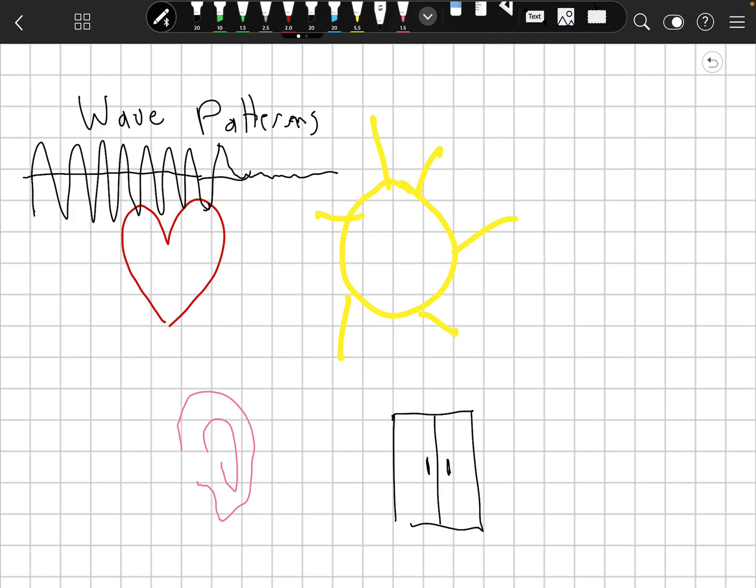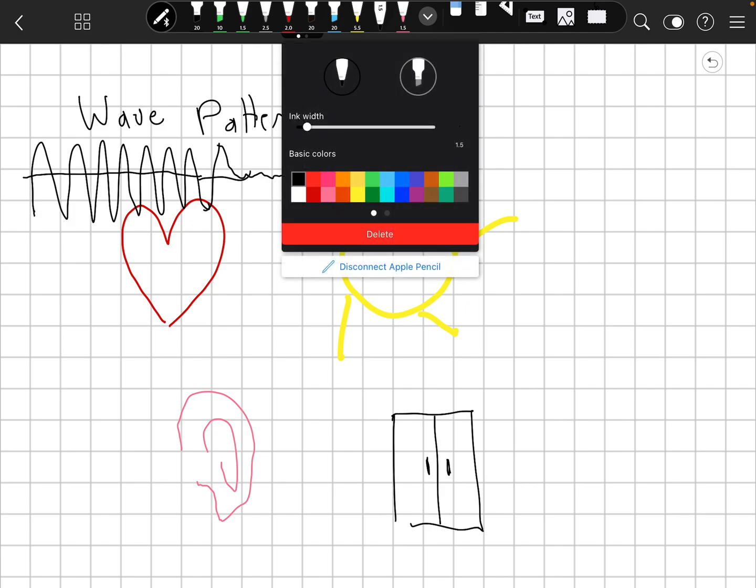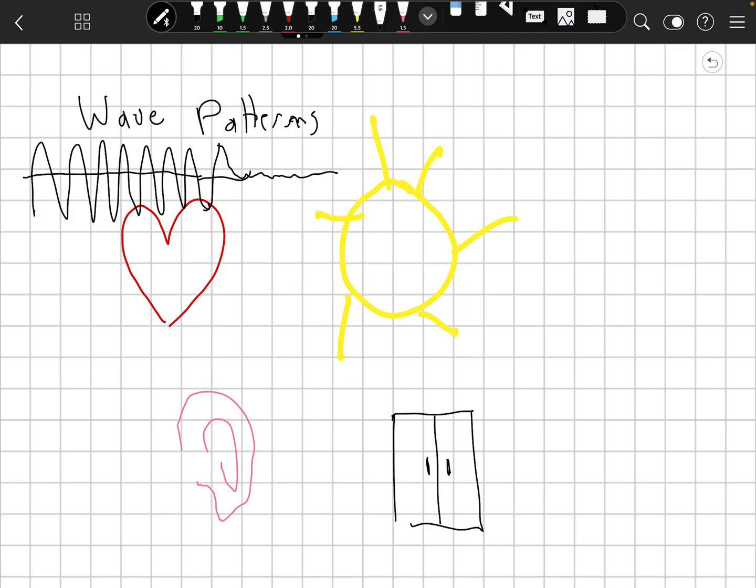Okay, here we have an ear. What does an ear have to do with wave patterns? Well, sound travels in waves. People study the waves, and the waves could look different.